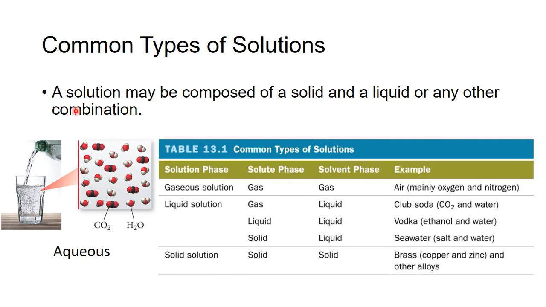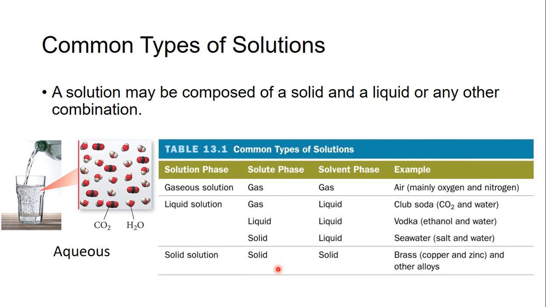Okay, so let's look at the types of solutions we can have. We can have three different types, which is a gaseous solution, so air, it's just made out of gas. Liquid solution, where your solvent is always liquid, but your solute could be gas, liquid, or solid.